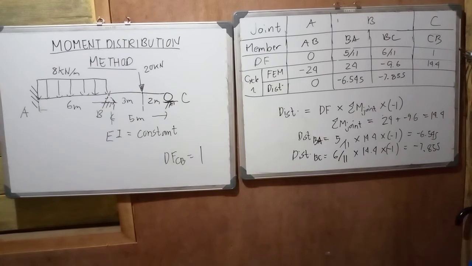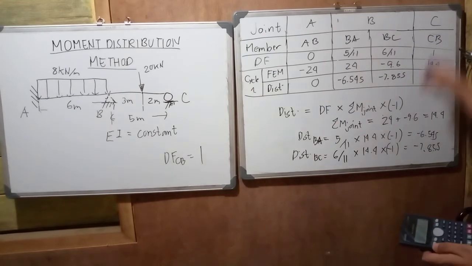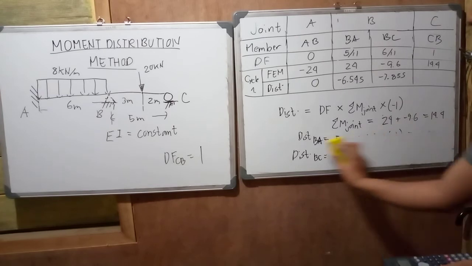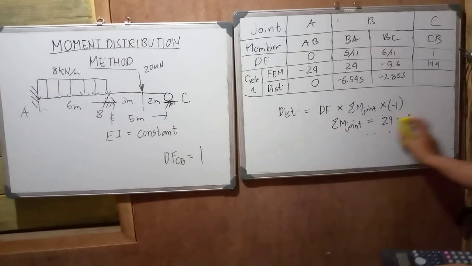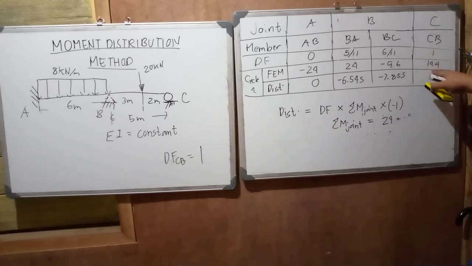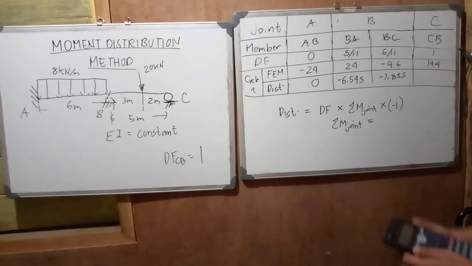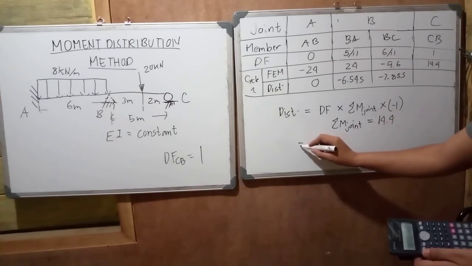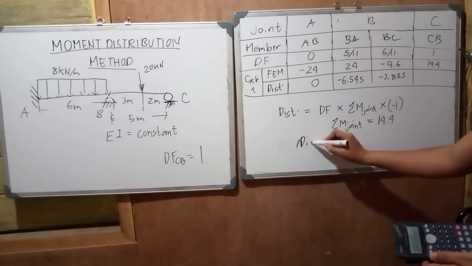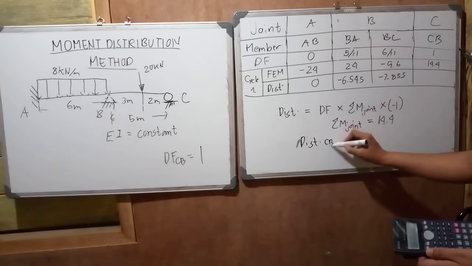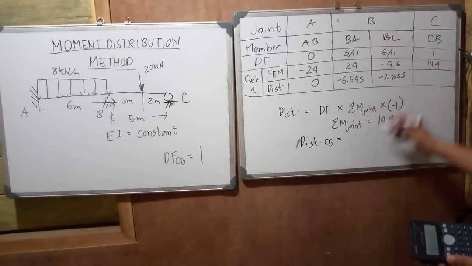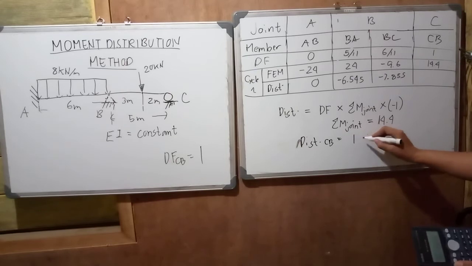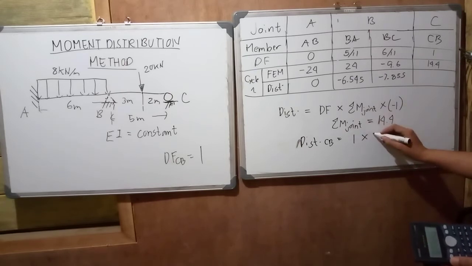Okay. So, dito na tayo magkaiba. Ito na yung pagkakaiba. Kasi, pag na-compute na natin yung moment at joint, dito na side kay C, isa lang yung member niya. Yung fixed end moments niya is 14.4. Kaya, summation of joint is 14.4. So, therefore, yung distribution natin at CB at this point is equivalent to distribution factor which is 1 times summation of moment at joint.